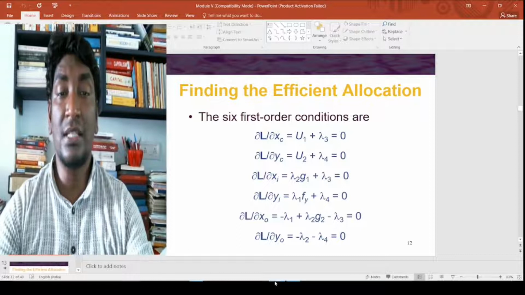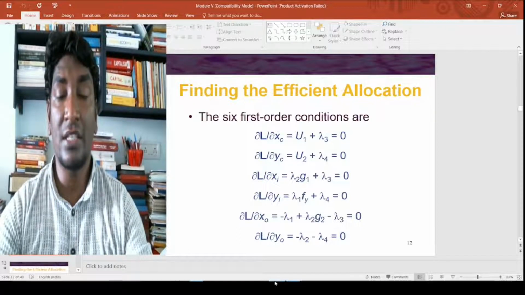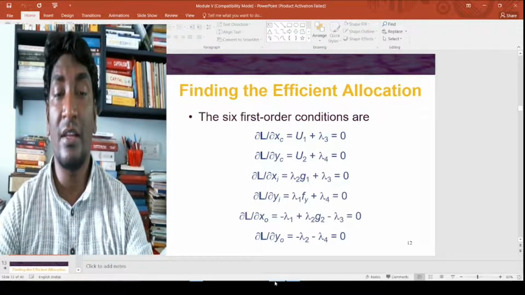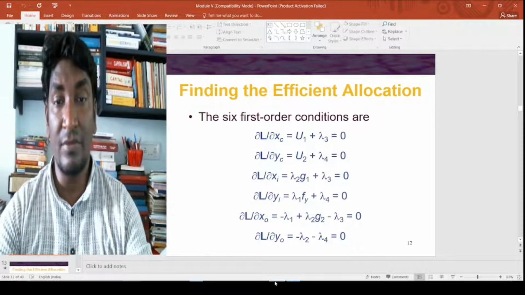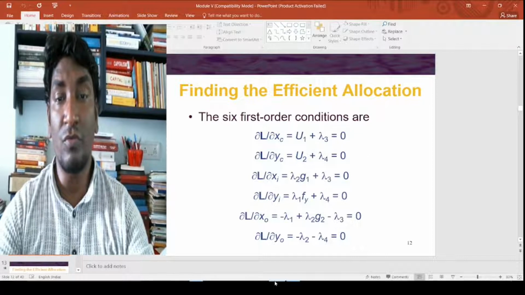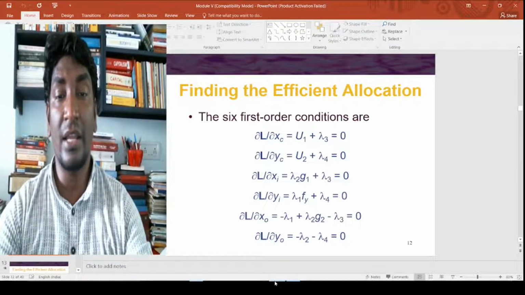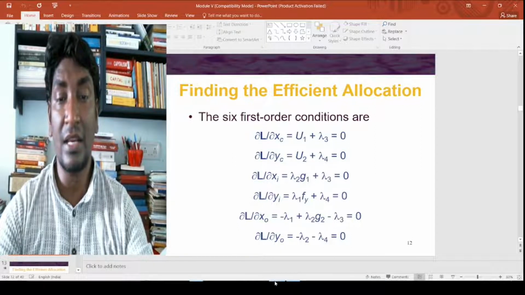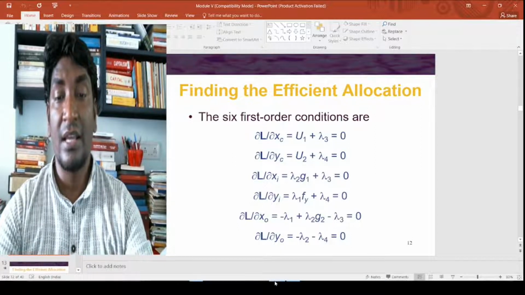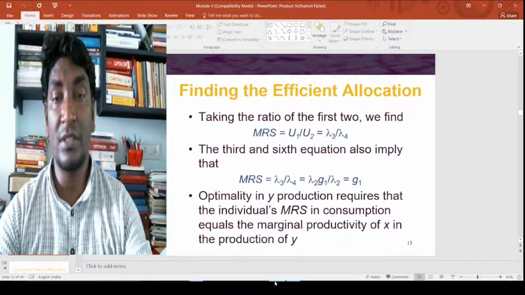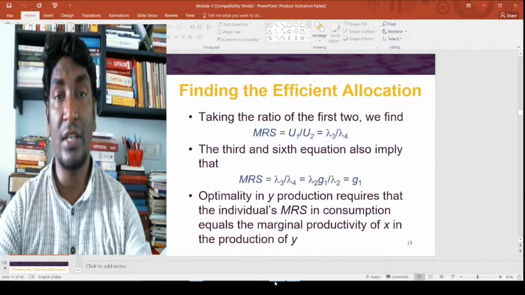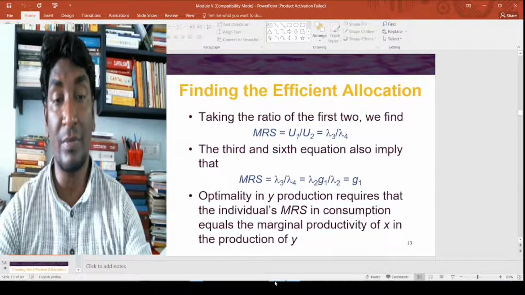So the first order conditions follow in this line. You have dou L by dou XC, which is equal to U1, the marginal utility of good 1, plus lambda 3, equal to 0. Keep extending it, and the difference is supposed to be 0. Otherwise there is a disturbance, and there is no optimality.